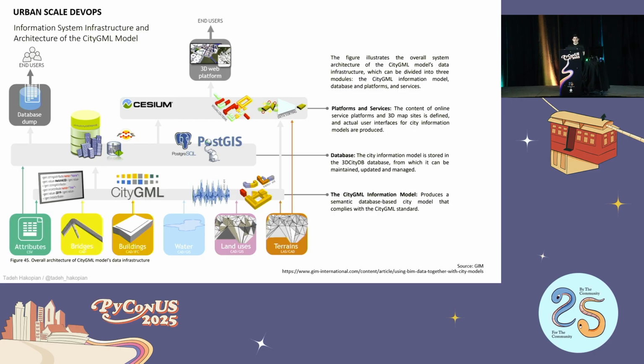In this example, we have all the land uses, terrains, water, buildings, and every attribute, then feeding into a CityGML model, including the IFC, which can then be fed into an SQL database they can use to create applications. Then you have the application layer on top of that through something like Cesium, and then you can apply that to end users who can actually access all this data.